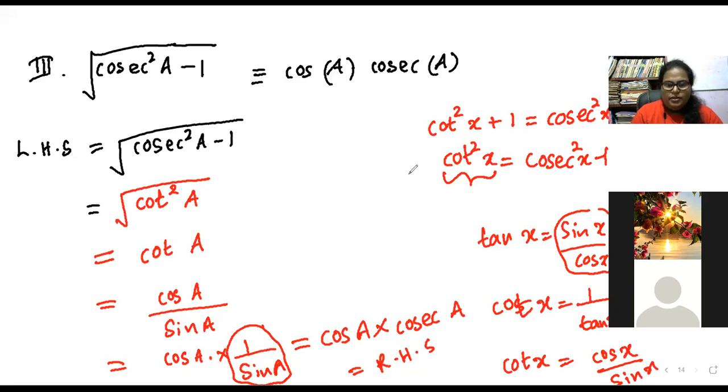And remember, imagine that you have not remembered this formula. Then how should you construct your solution here?